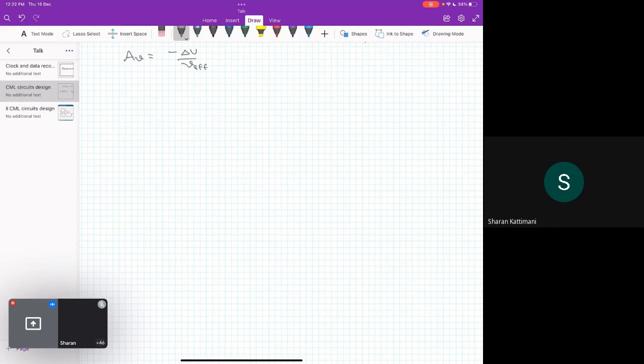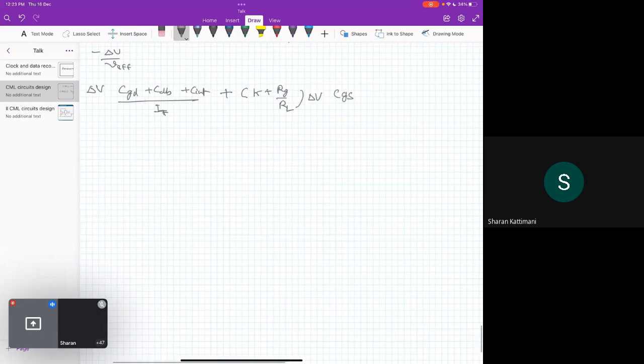Very quickly let me come to the final equation so that we can conclude: (1 plus K plus Rg/RL) delta V (Cgs plus (1 minus Av) Cgd) divided by I total.